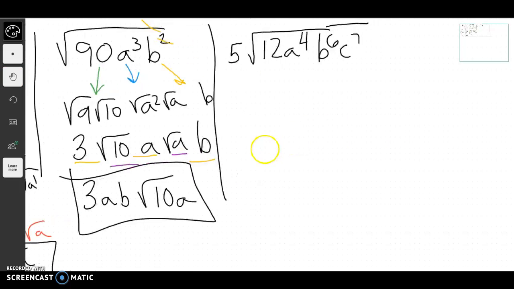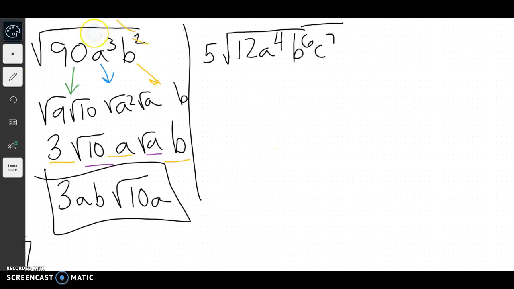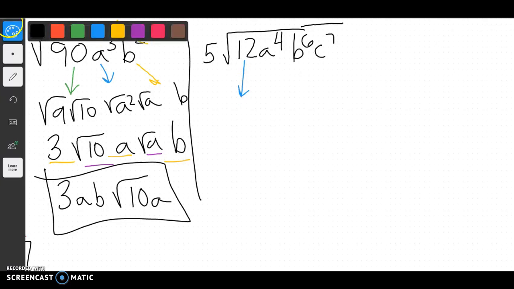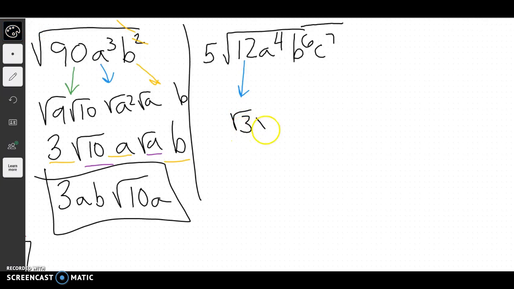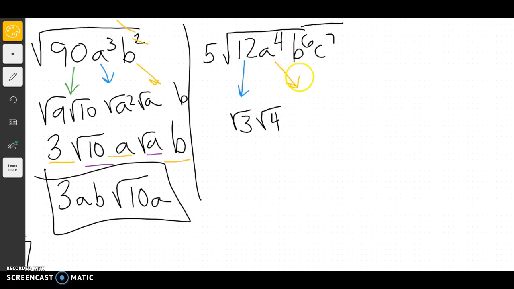Now let's try this last part. Again, I would take 12. What breaks up 12 is 3 and 4. Those are the perfect square roots. Then I'm going to think about a to the fourth.